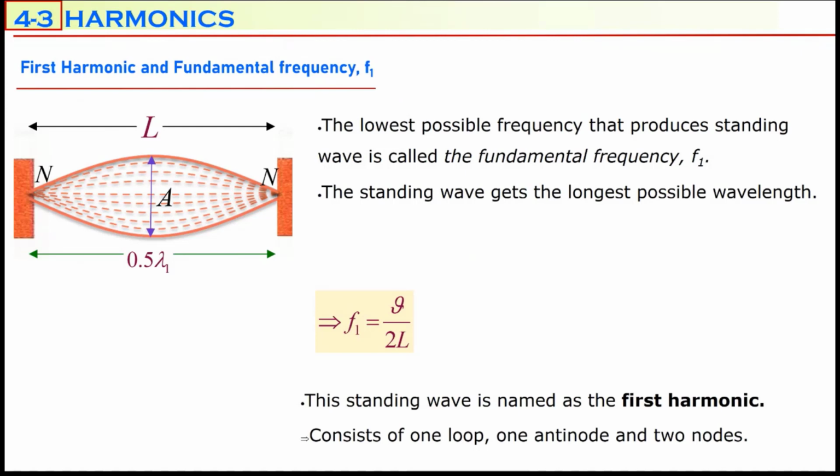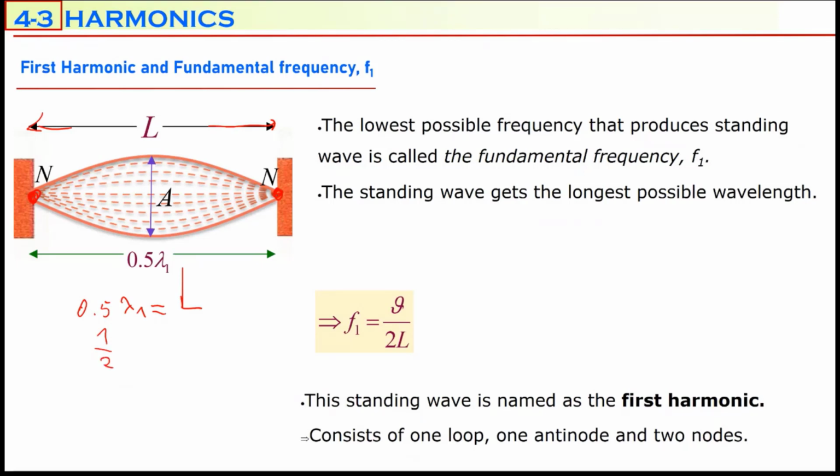So in the first order standing wave, the length of the string is going to be equal to half of the wavelength. How do I know? Because the separation from node to another node is lambda over 2, that is, 0.5 lambda. So then if I make them equal, I can get the frequency of the first harmonic mathematically. 0.5 lambda 1 is equal to the length of the string. So then 0.5 means 1 over 2.